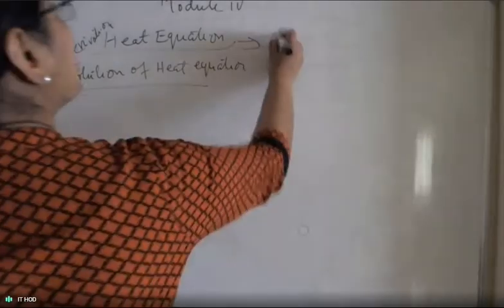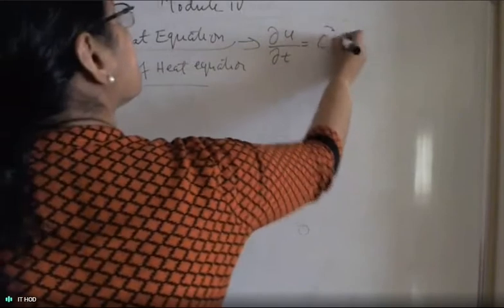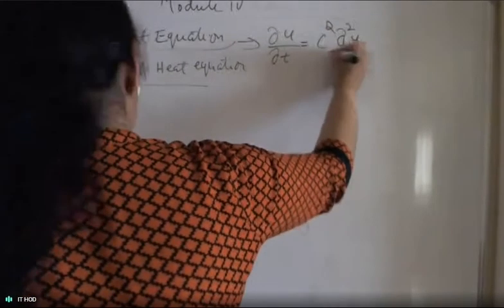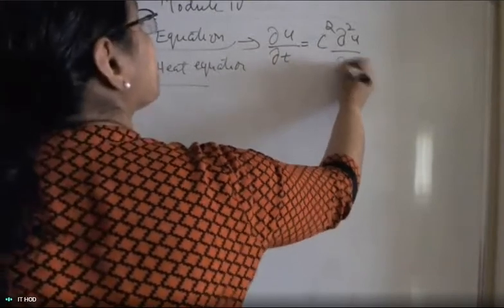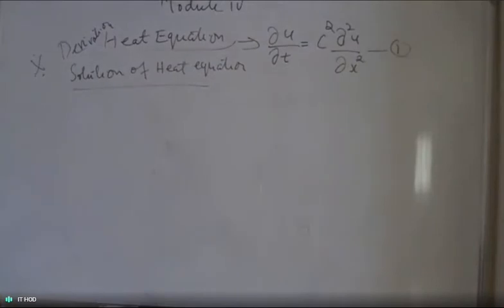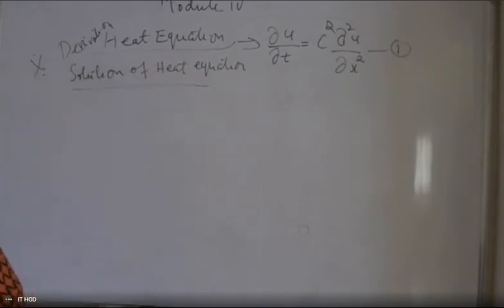Dou u by dou t is equal to c square dou square u by dou x square. This is the heat equation. You have to remember that.